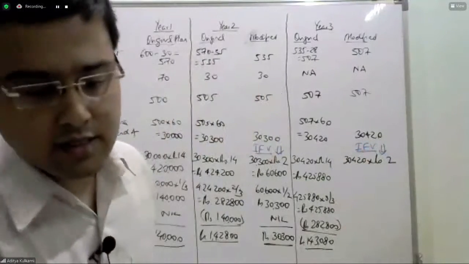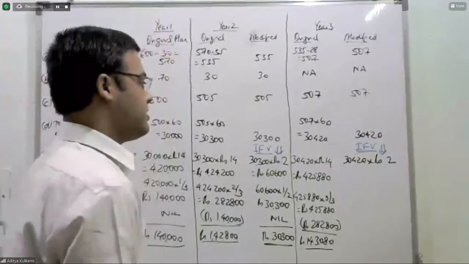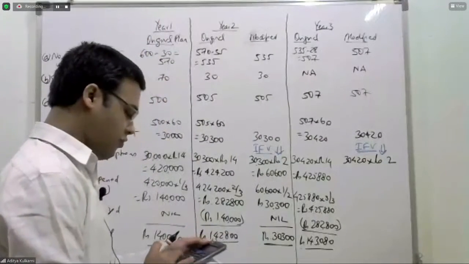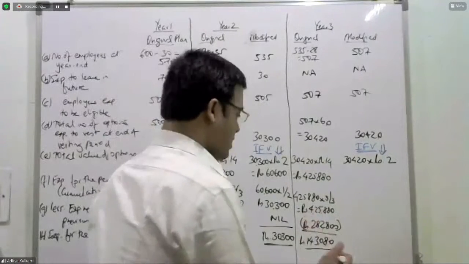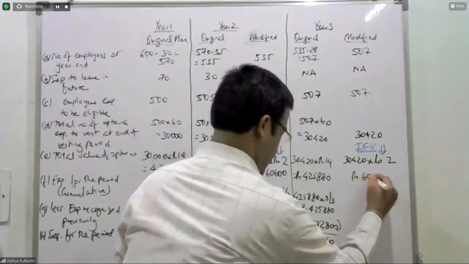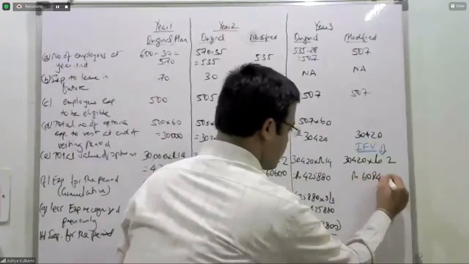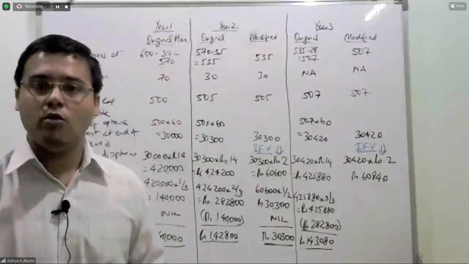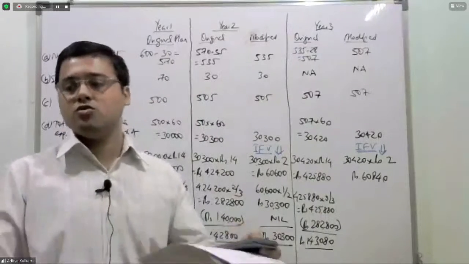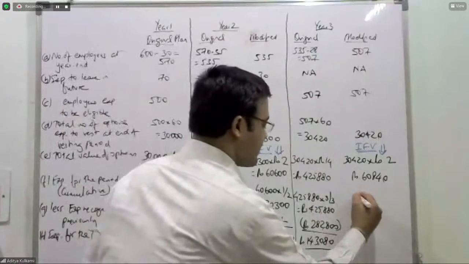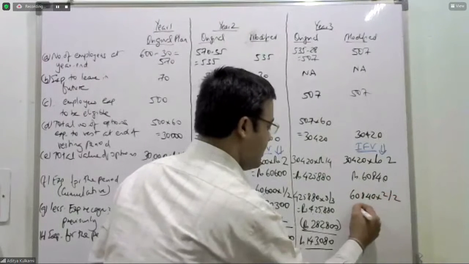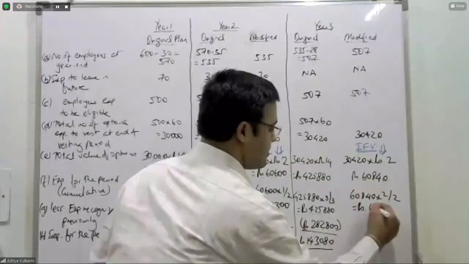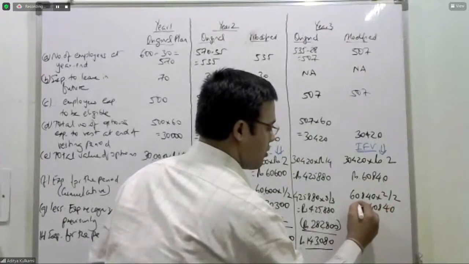All right. So this is what you will consider. 30,420 into 2 is 60,840, right? How many years now? The total is 2 years, right? So the cumulative expense will be 60,840 into 2 by 2. So that is 60,840.